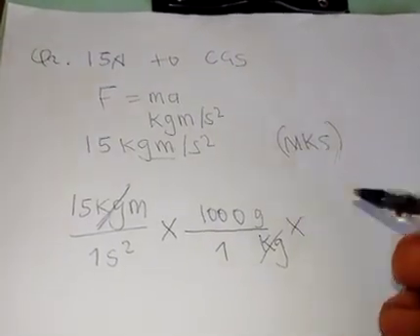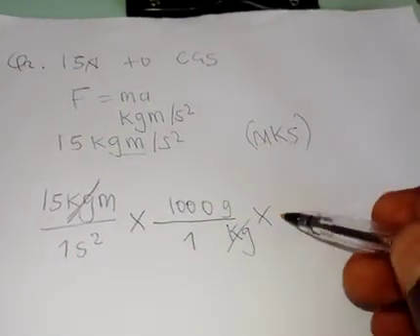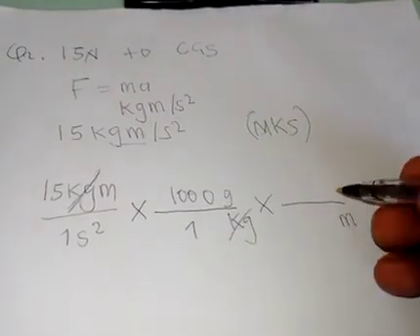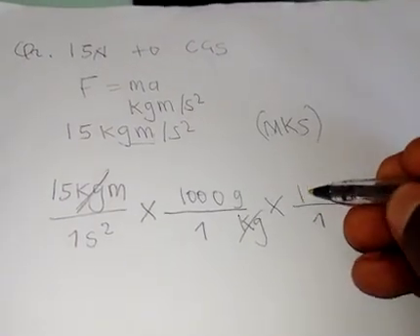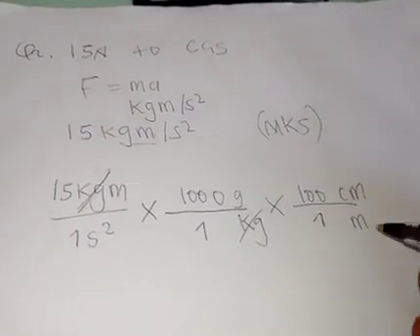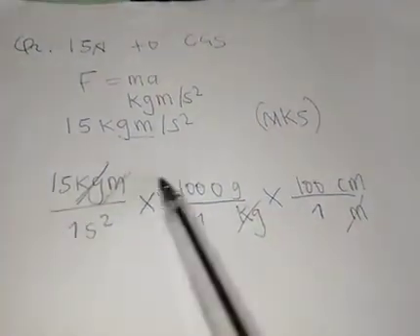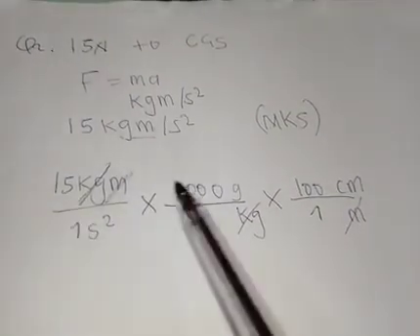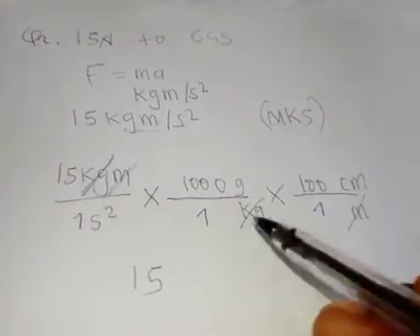Multiply by, we should also get rid of the m by introducing centimeter. So meter and meter cancel. On top, we know that 1 meter gives 100 centimeters, so that m and m cancel. Then just multiply everything you have remained with. 15 times 1000, how many zeros?